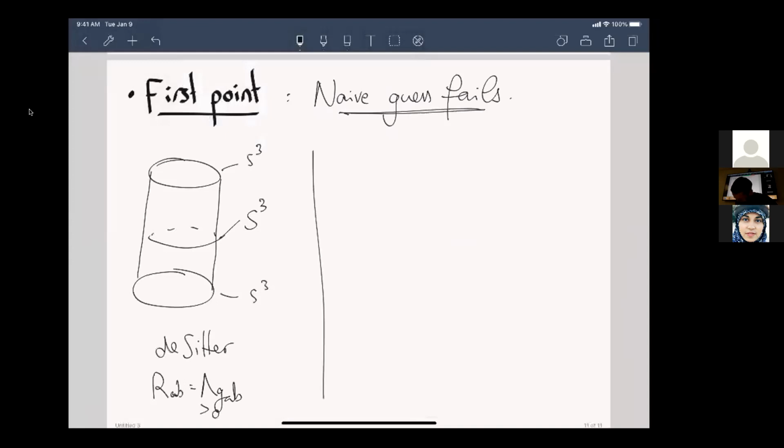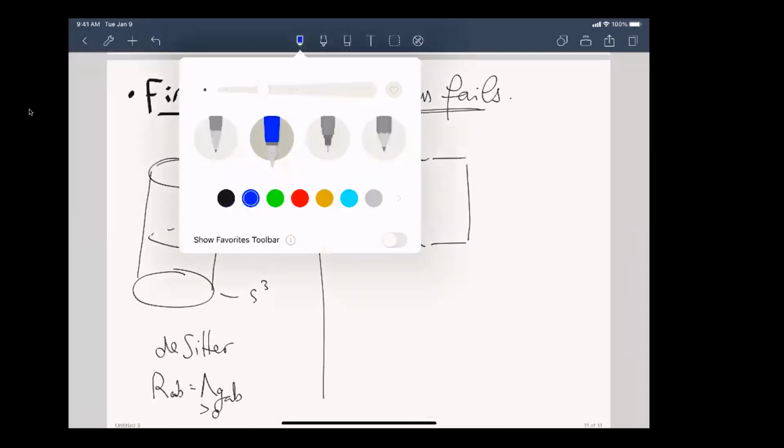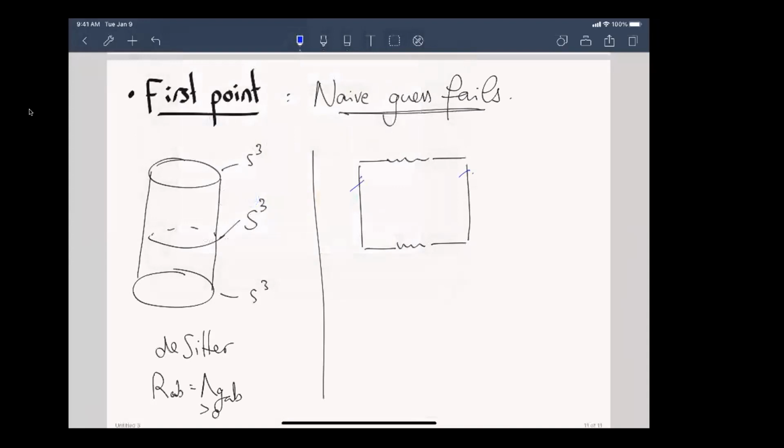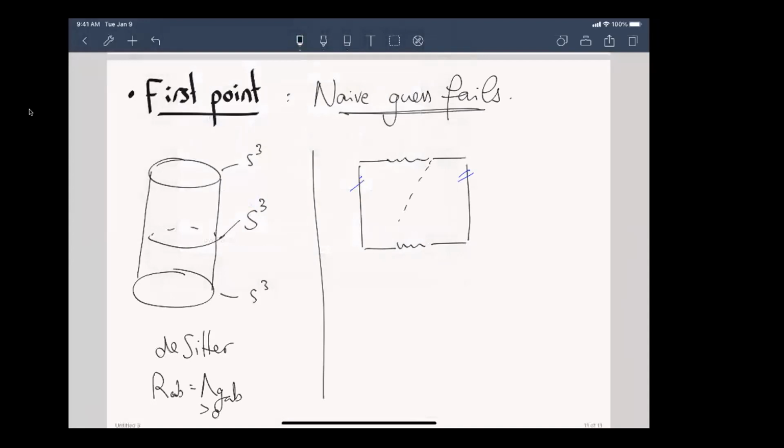This is Schwarzschild de Sitter. So these sides have been identified, which means I'm wrapping them together to the event horizon.